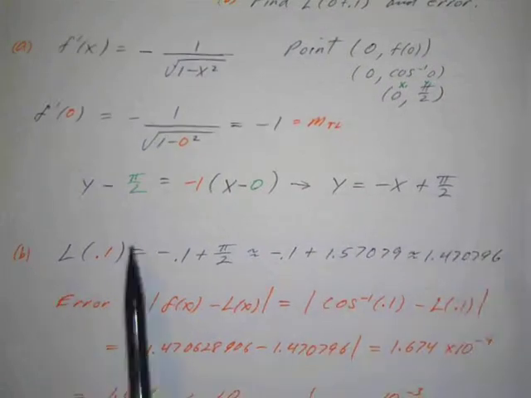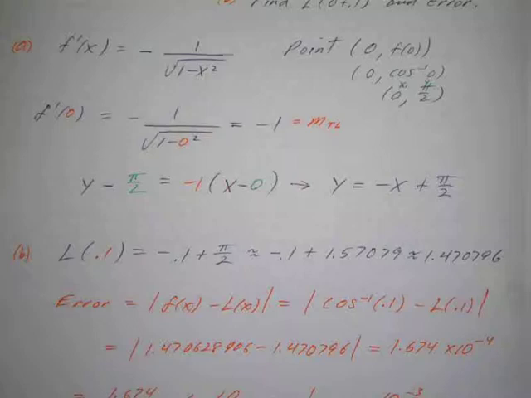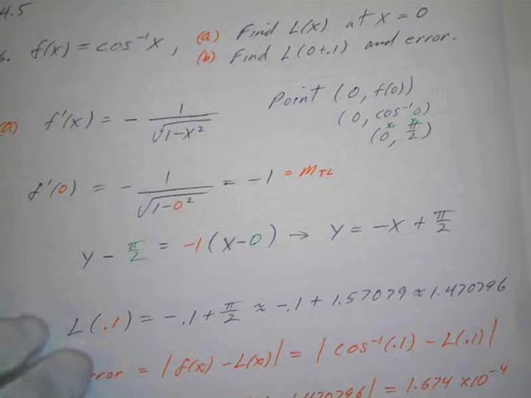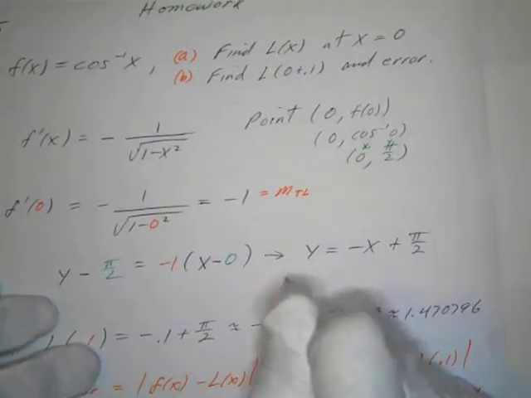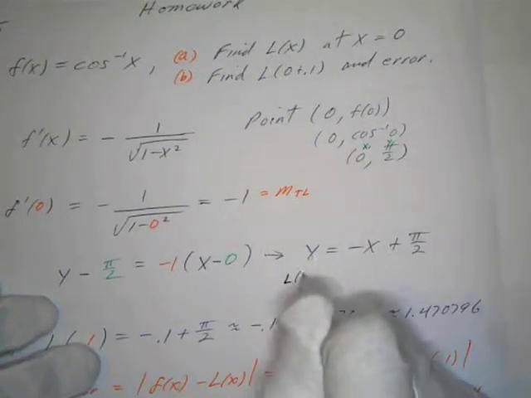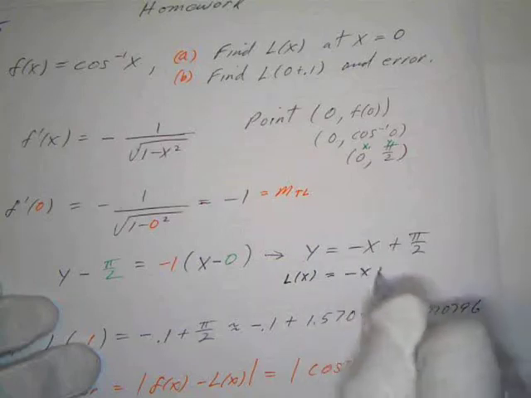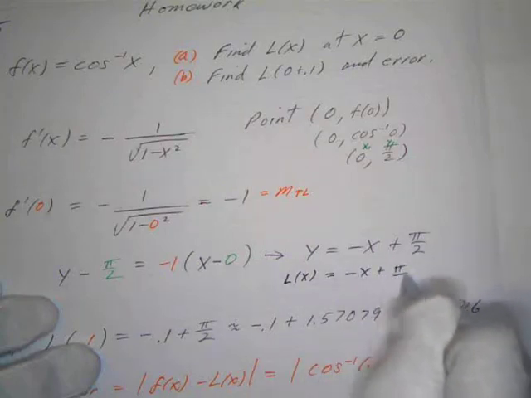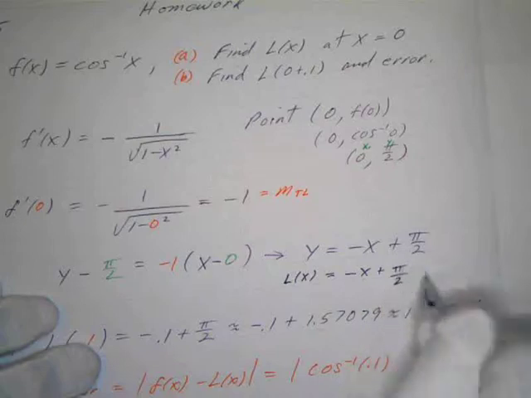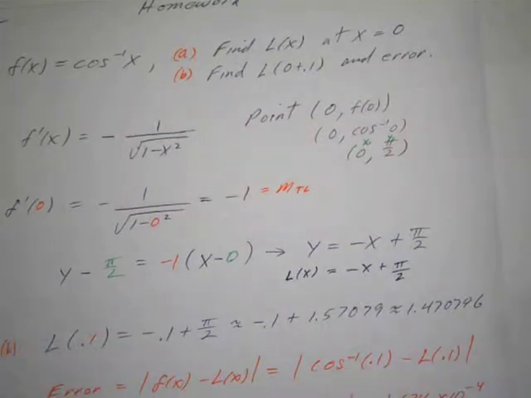That's y, and that's actually my linearization, which I should have written down. That actually is L of x, and that equals negative x plus pi over 2. So that's your L of x.